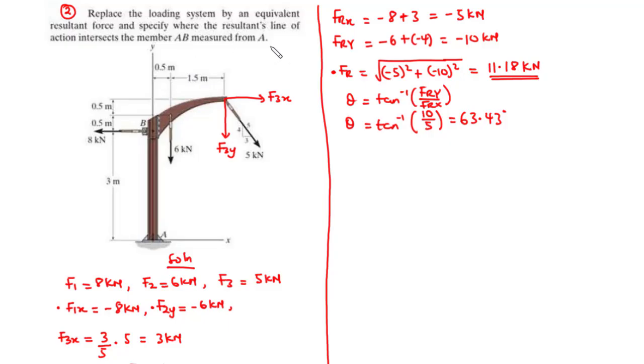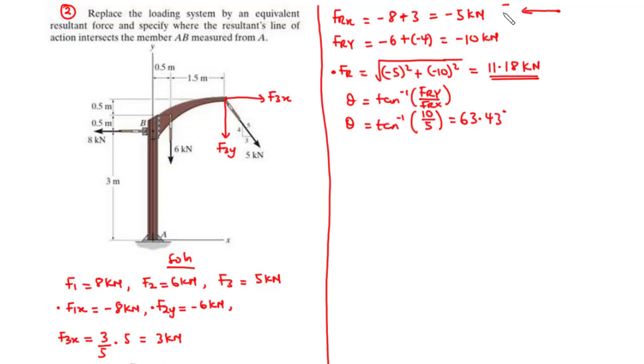So we have the equivalent resultant force to be FR, which is 11.18 kilonewtons. Now we have the x component acting along the negative x-axis and the y component also acting along the negative y-axis. So we are going to have our diagram to be like this.